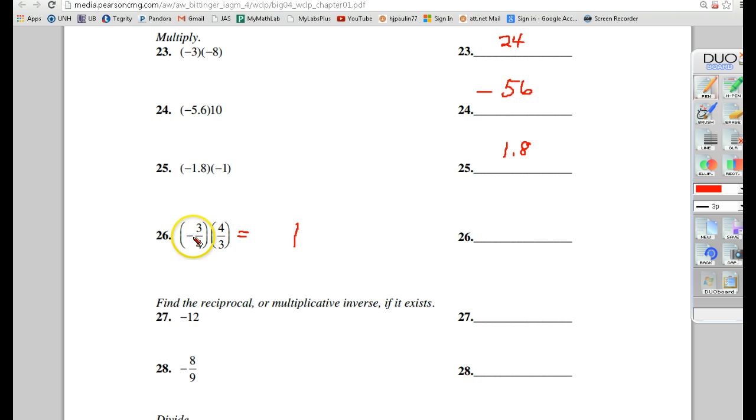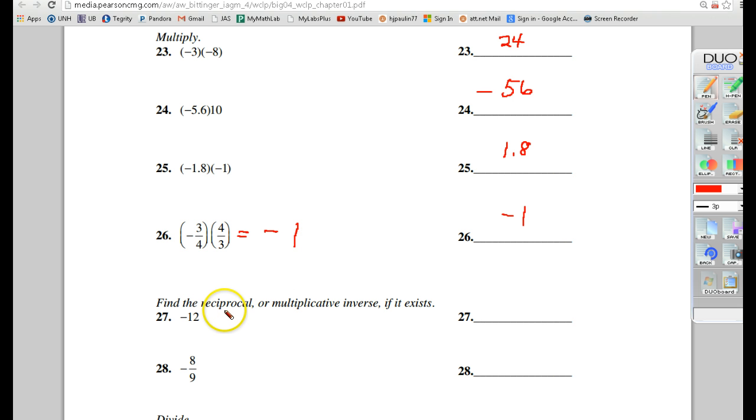But because of the negative sign, here we're going to get a negative 1. So that's where you have to be careful. In order for it to be a true reciprocal, this second item here would have to have a negative. They have to be the same sign so that you would end up with a positive 1.